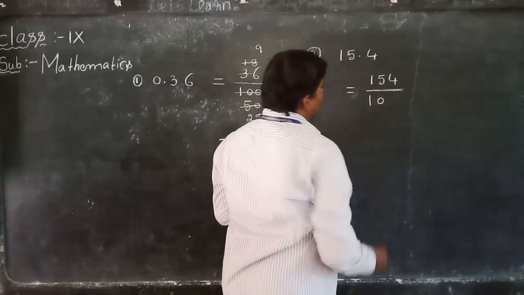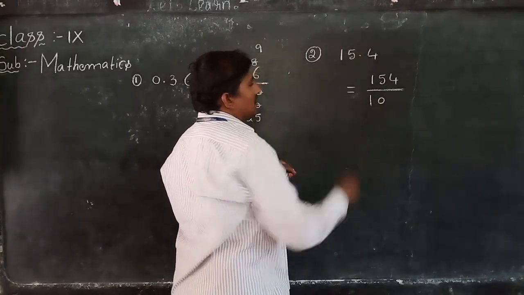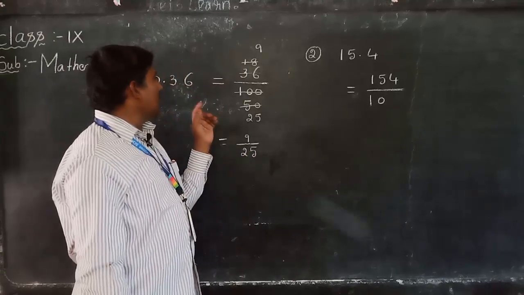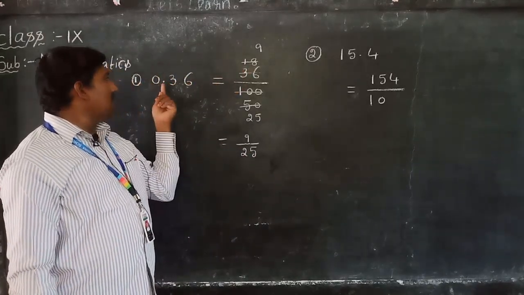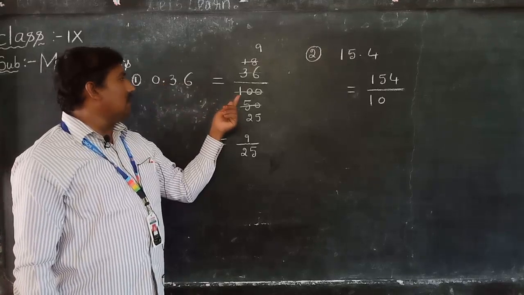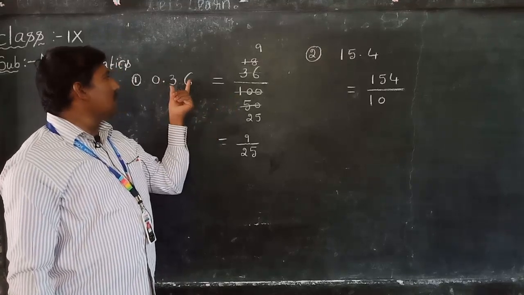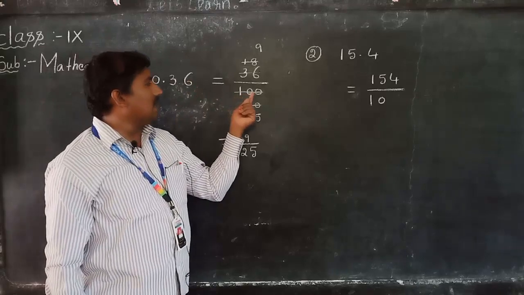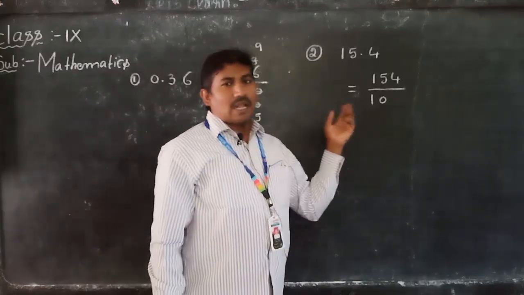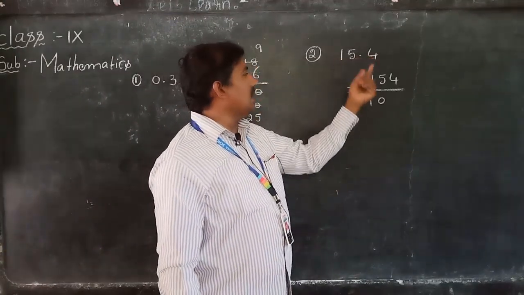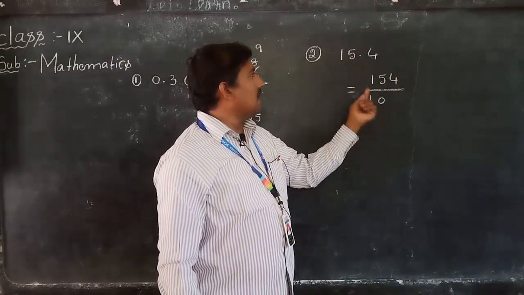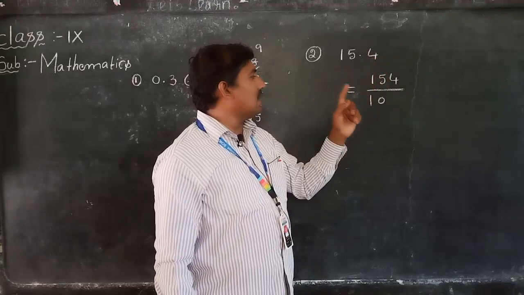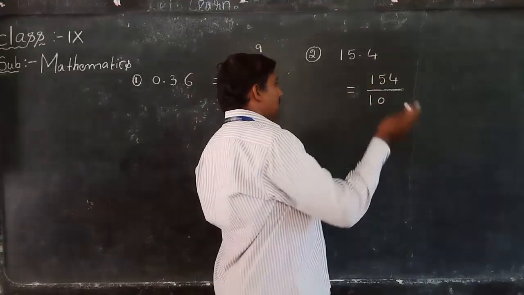That many zeros come. Here, what we did: first the number 36 was written, because of the decimal point we wrote 1, and after the decimal point 2 values, so 2 zeros came in the denominator. Here also like that only. Total number written 154, because of the decimal point 1, and after it 1 value. So 10. Is cancellation possible?